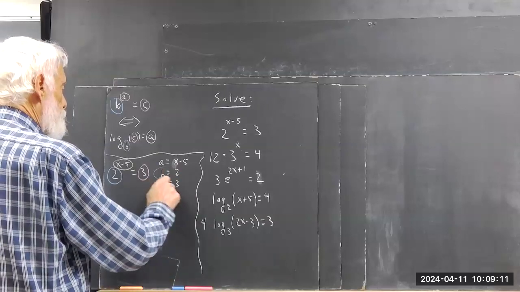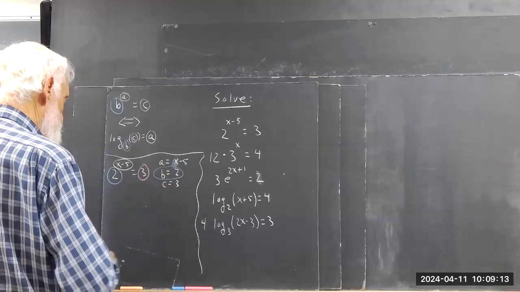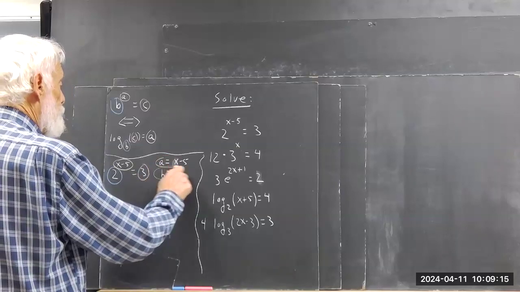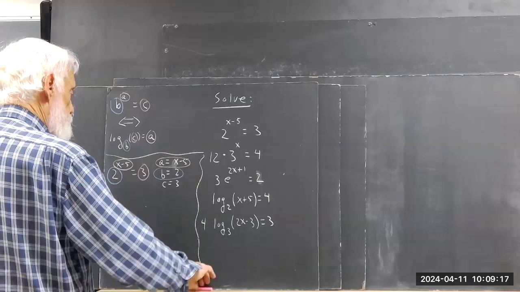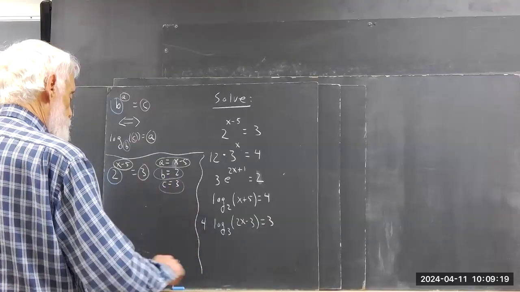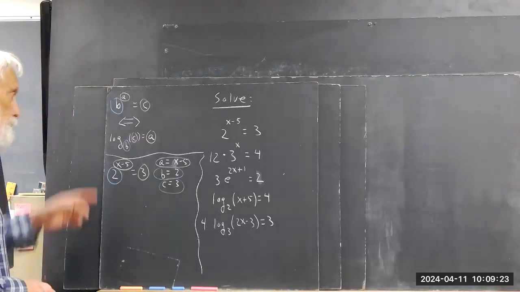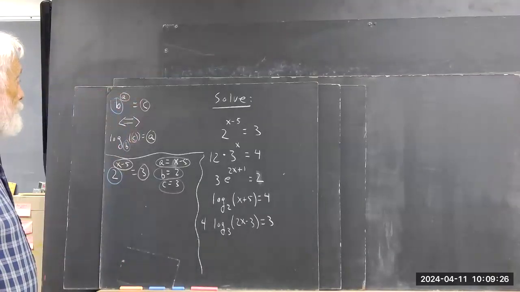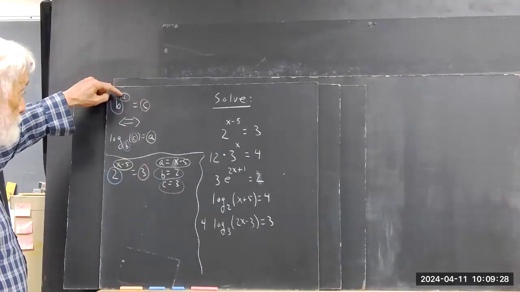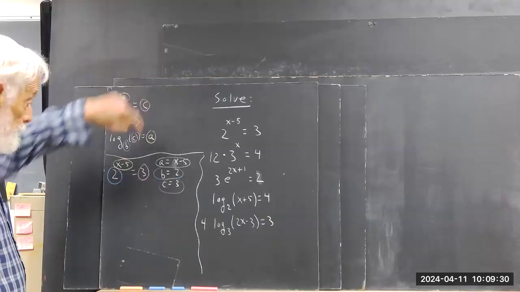Again, there's B, there's A, there's C. Ignore the colors, just look at the position. You got a base, you got an exponent, and you got it equal to something.